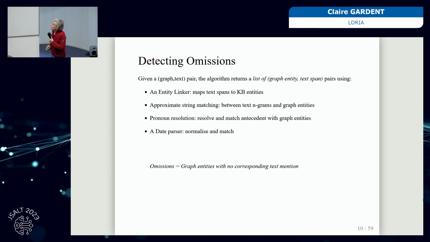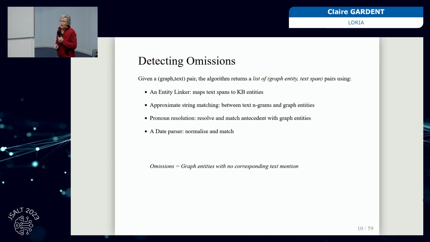So the first thing we do is we have an algorithm for detecting omissions. The idea is you are given a graph and a text. The graph contains a set of entities, and the algorithm should find out how many of these entities are actually mentioned in the generated text. To do this, we have the set of entities we are looking for, and we have a text.